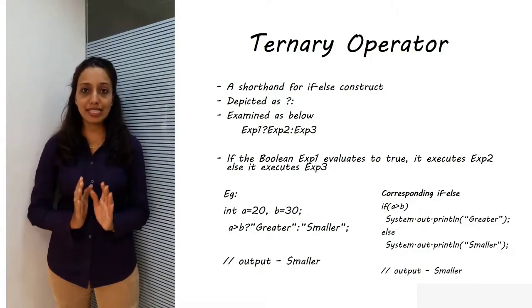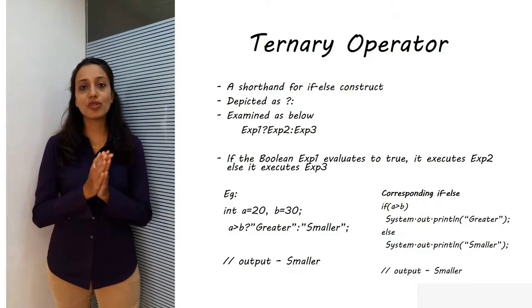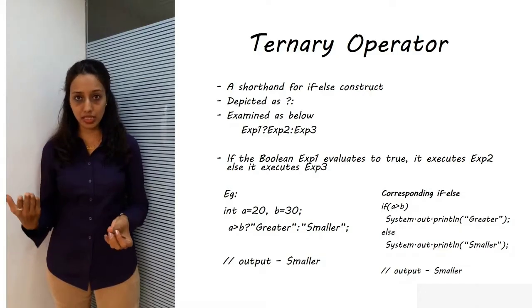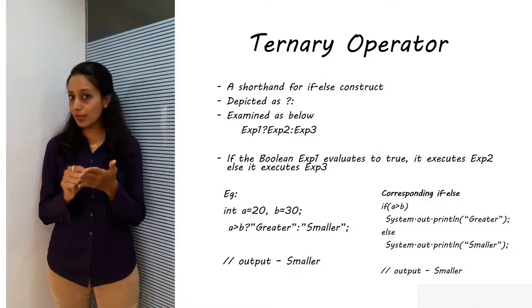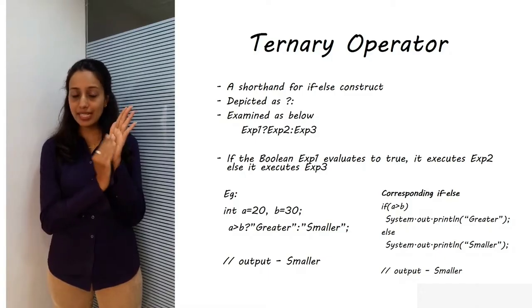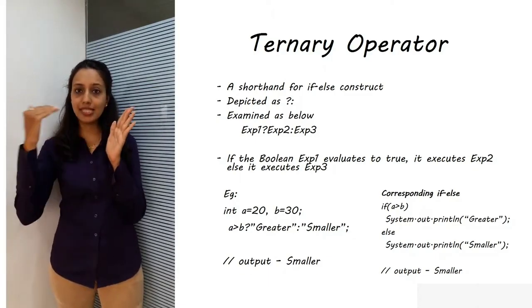To give you a better understanding, there's an example on screen. You can see it is checking whether A is greater than B. On screen you have seen the value of A is 20 and B is 30. So we are checking whether A is greater than B. The question mark is like: if it is true, then print greater, otherwise, colon, smaller.